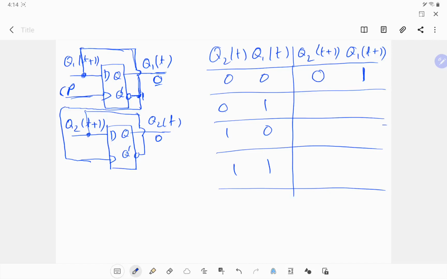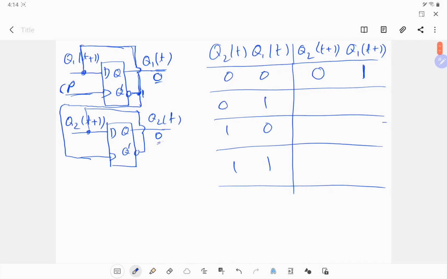Now if we have Q2 0 and Q1 1, then Q1 prime is 0, so what happens?